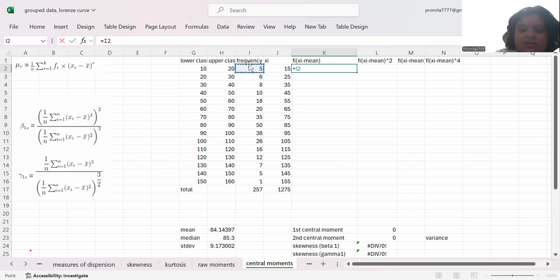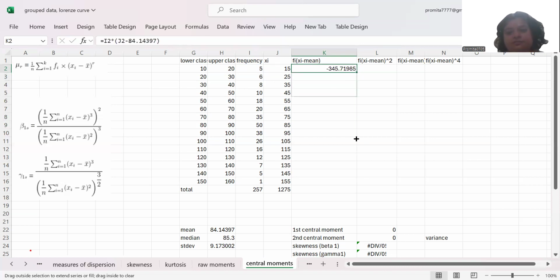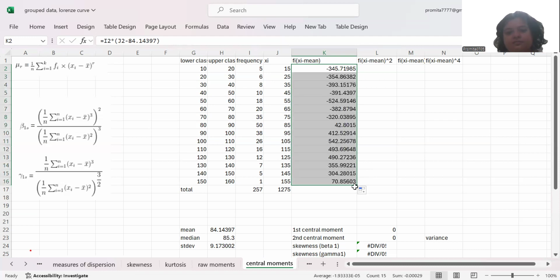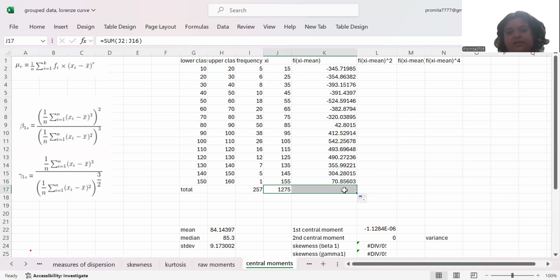So equal to frequency into my xi minus my mean. Mean was 84.14397. I'll just write the value. We calculate the total here.